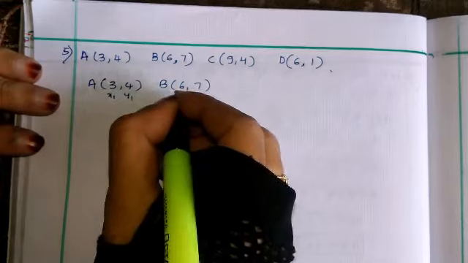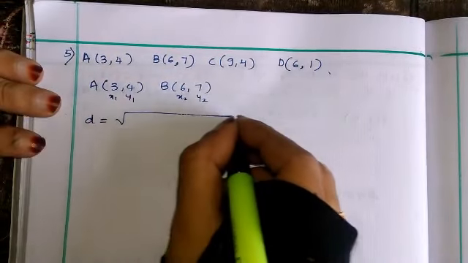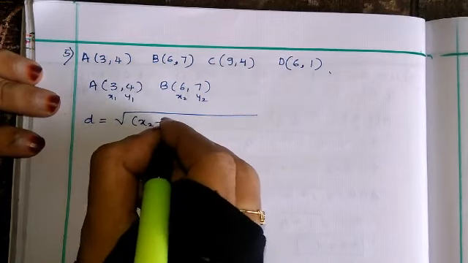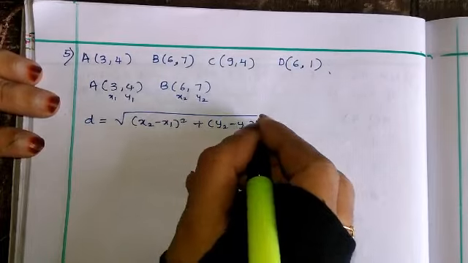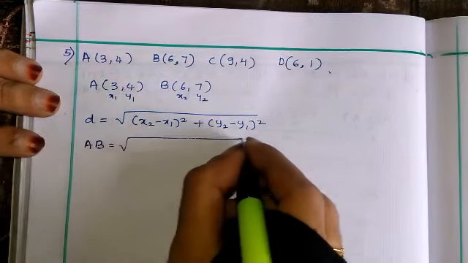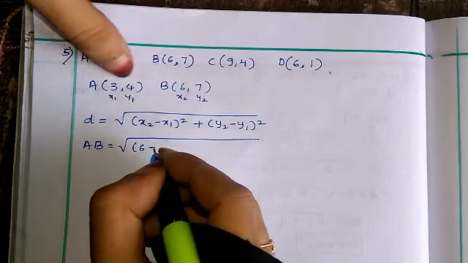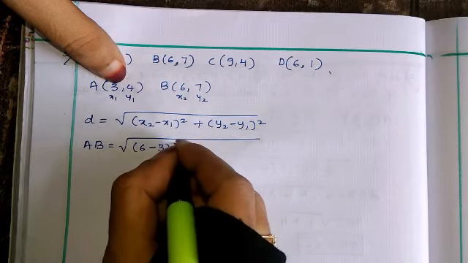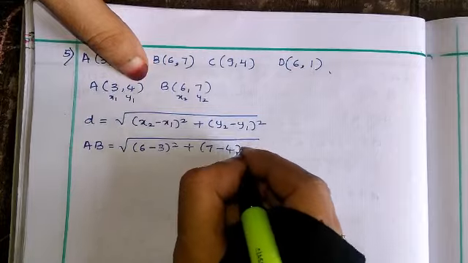With x1, y1 and x2, y2, the distance formula is d equals root of x2 minus x1 whole square plus y2 minus y1 whole square. So for AB, x2 is 6 minus x1 3 whole square plus y2 7 minus y1 4 whole square.